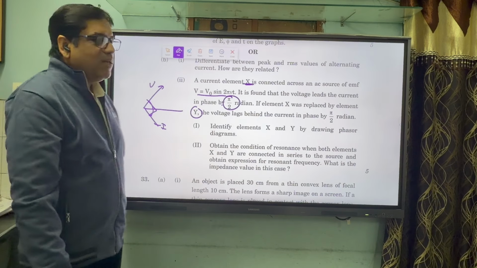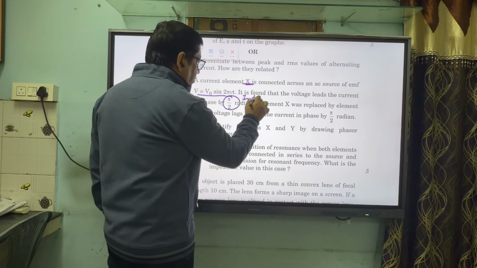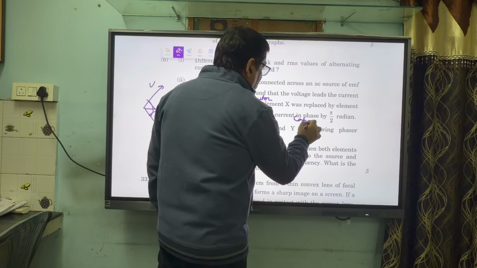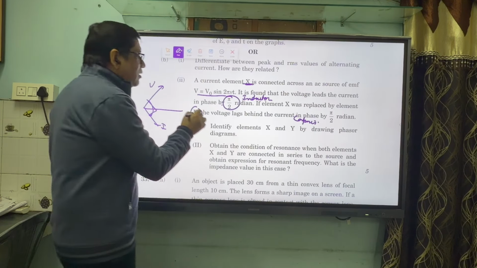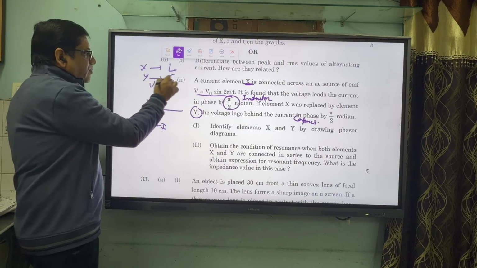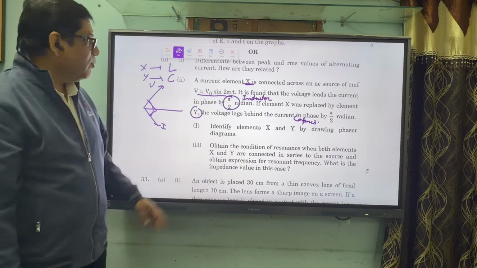अब आपको पता है, हमने AC section में पढ़ा हुआ है कि voltage lead करती है inductor के case में और voltage lag करती है capacitor के case में. So the element X is an inductor and Y is a capacitor. Identify the elements X and Y. उनके phasor diagram बनाने हैं अपने को.